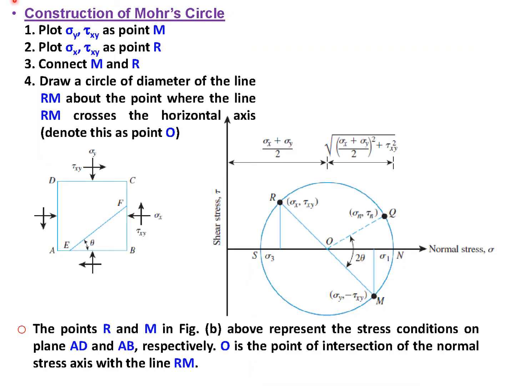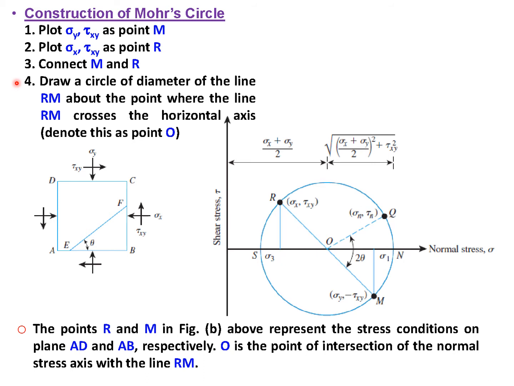Now this slide is meant for the construction of the Mohr circle. First step is to plot sigma y, tau xy as point M, this one. Then plot sigma x, tau xy as point R, this one. Connect M and R. Draw a circle with the line RM as diameter, about the point where the line RM crosses the horizontal axis.